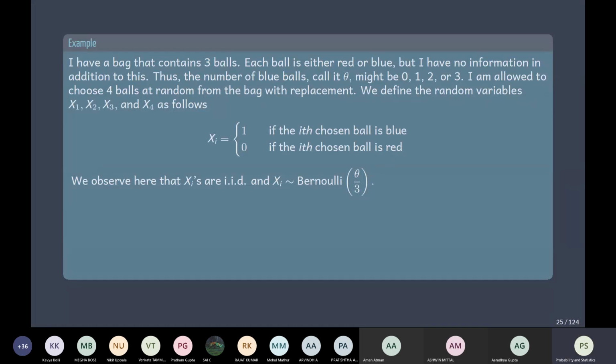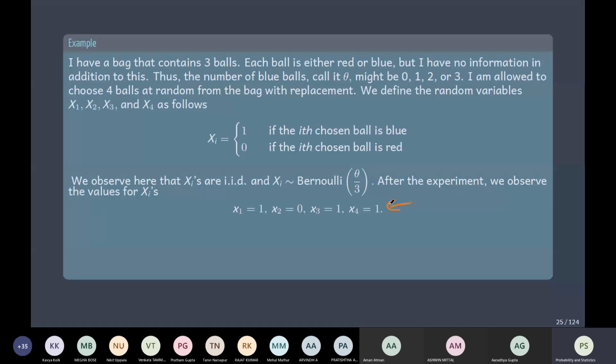After the experiment, because the balls are equally likely to be picked, that's why we have to divide by 3 here. After the experiment, we observe the values of xi as follows. So let us say we observe the values of xi like this.